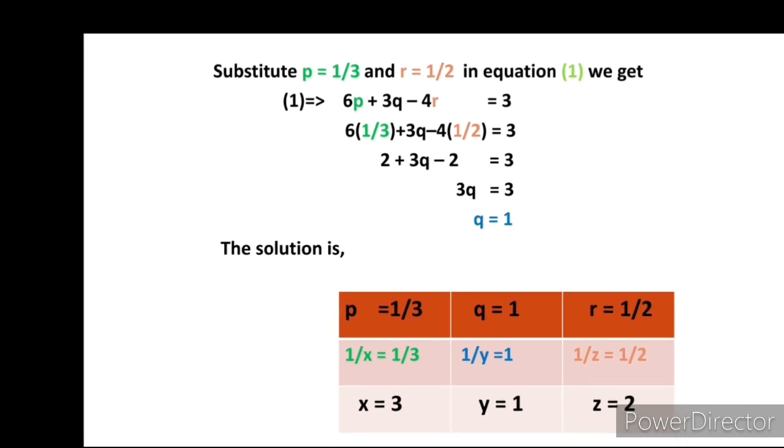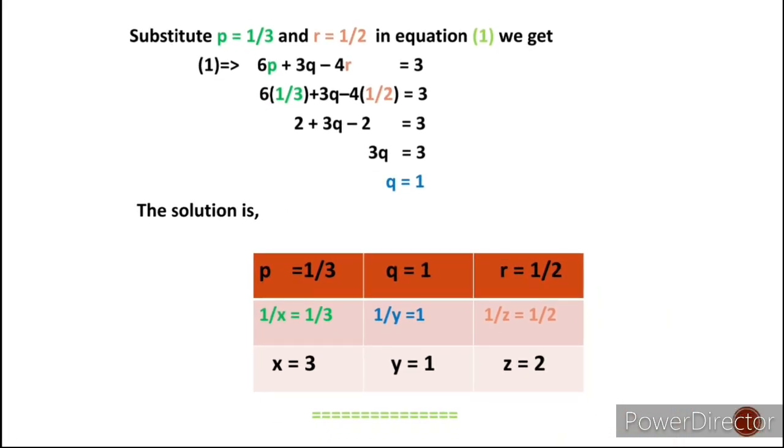Therefore the solution is. So we have to find the solution. Given variables are x, y, z. So we have to write the solution in terms of x, y, z. So we get the values of p, q, r. Once again we convert into x, y, z. So see the table. I take the first one.